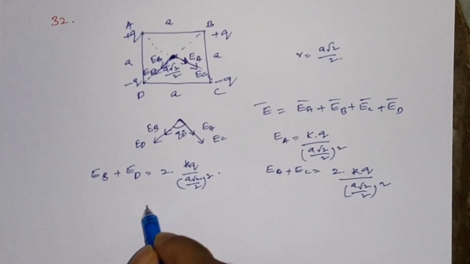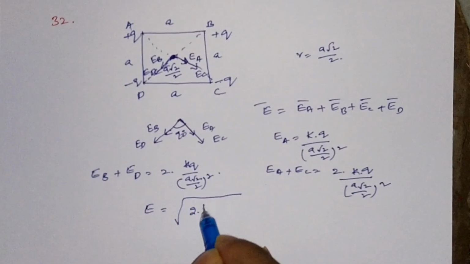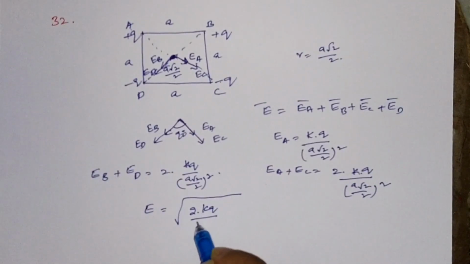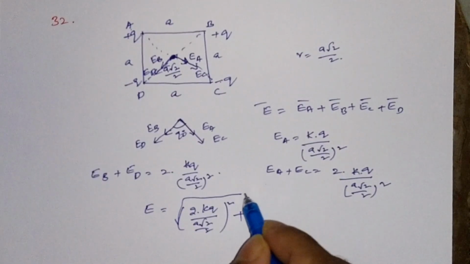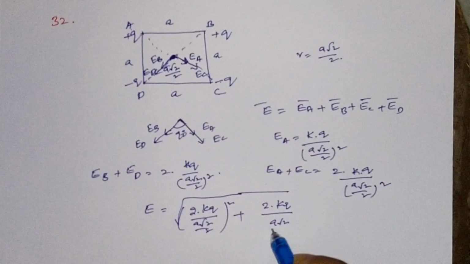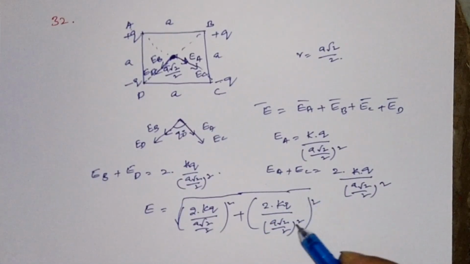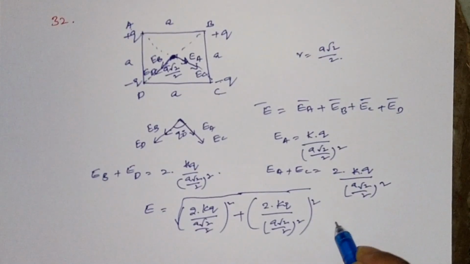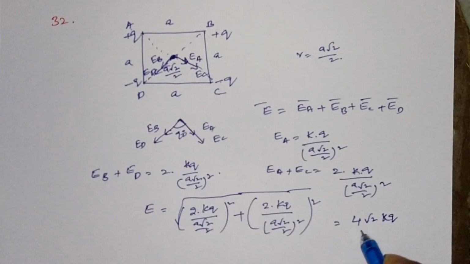Therefore directly you will get E as a magnitude, root over 2 into KQ by A root 2 by 2 whole square plus 2 into KQ by A root 2 by 2 whole square. If you simplify that, you will get the answer, which is 4 root 2 KQ by A square.